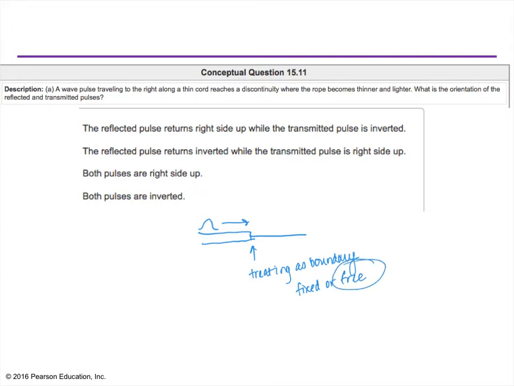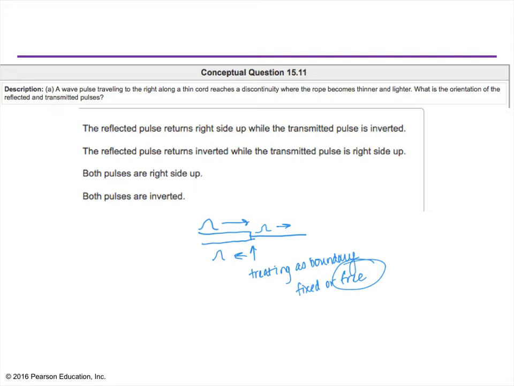And so that means that the reflected wave that comes off of that boundary is going to be like that. Nothing's going to change about it. And it's also going to transmit as well. So that's the thing that's a little different from the boundaries we looked at before. When the string was attached at one end, there was nowhere for the pulse to go.